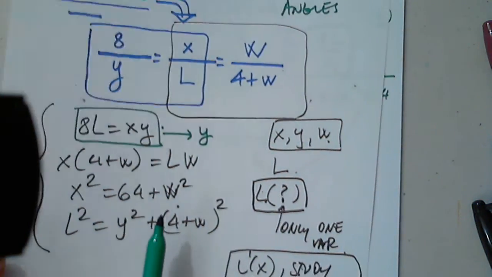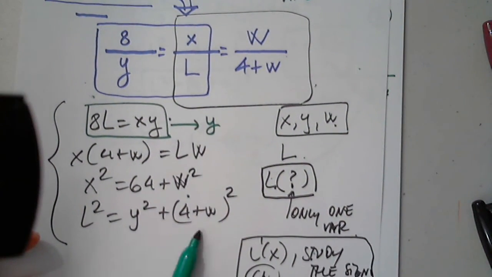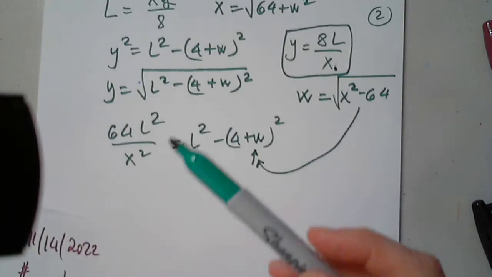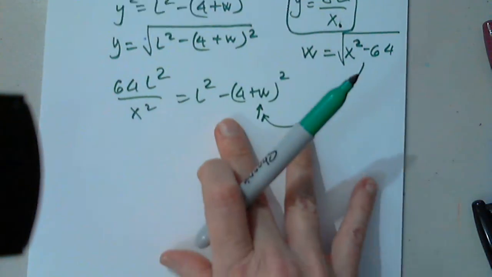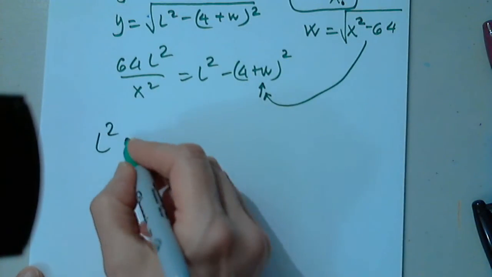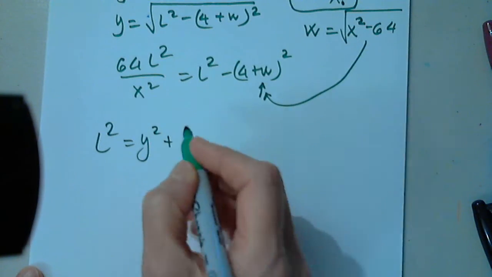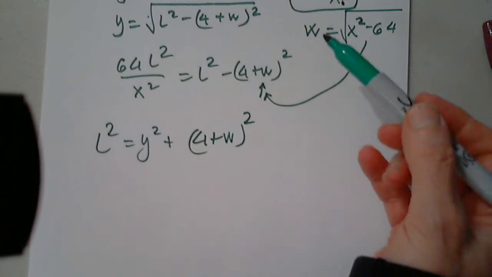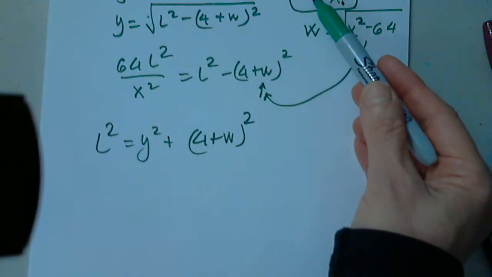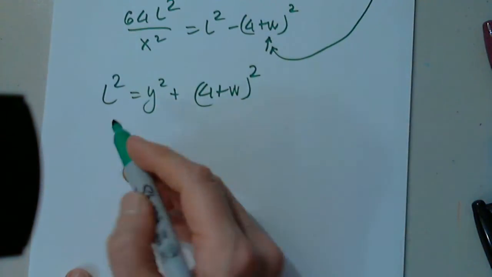Then I kept this equation, maybe I should write it again. I guess we don't have to do anything to it. Y squared plus 4 plus W squared. I squared W, L, and I put it in here.